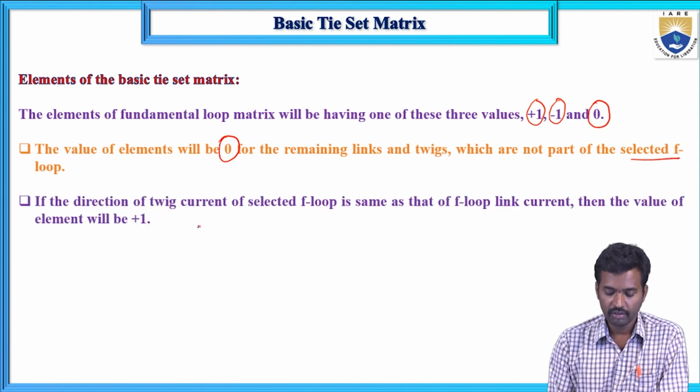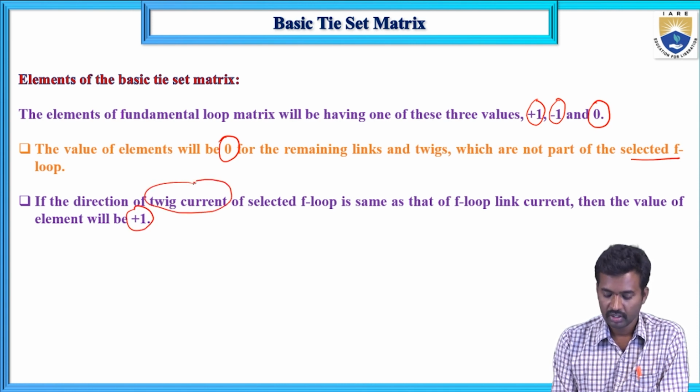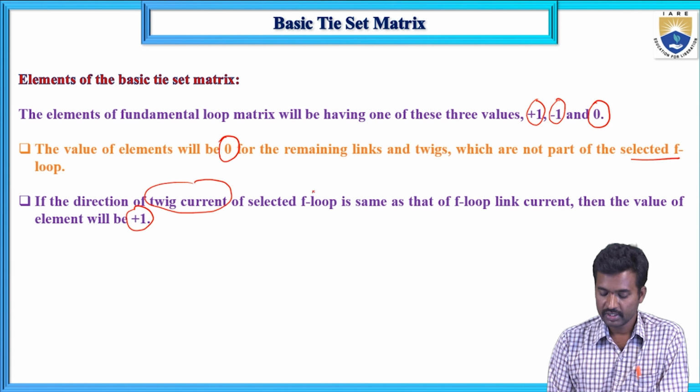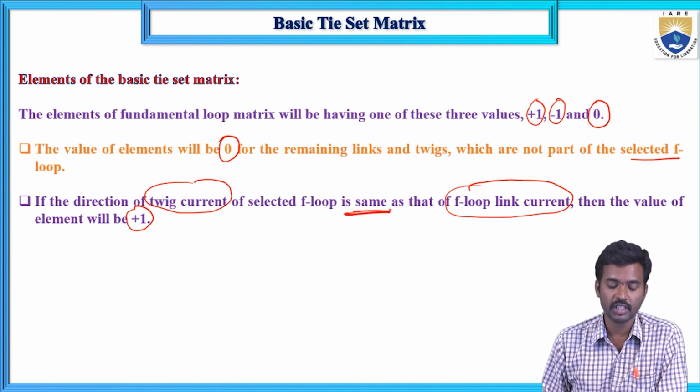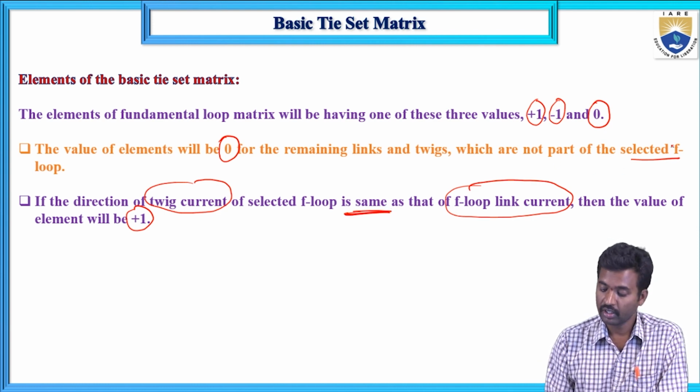And here if it is +1, the direction of the twig and the selected loop is the same, and this F link direction is the same. This one is important. If it is the same, +1.